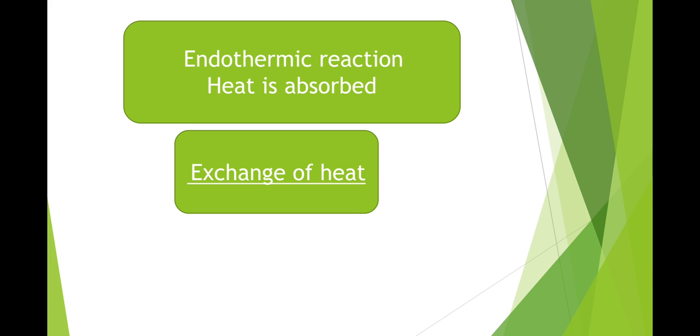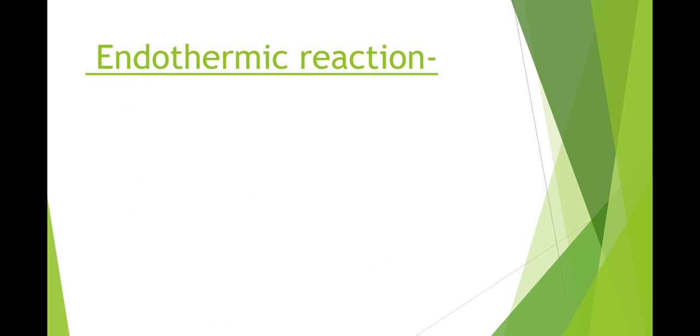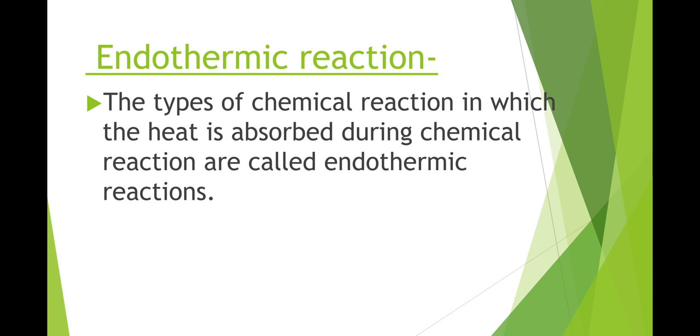Whether it is a physical or chemical process, in an endothermic process heat is absorbed, and hence in an endothermic chemical reaction also heat is absorbed. And exactly opposite of this, in an exothermic reaction heat is given out. So let us study endothermic reaction first. It is the type of chemical reaction in which heat is absorbed during the chemical reaction. It is called endothermic reaction.